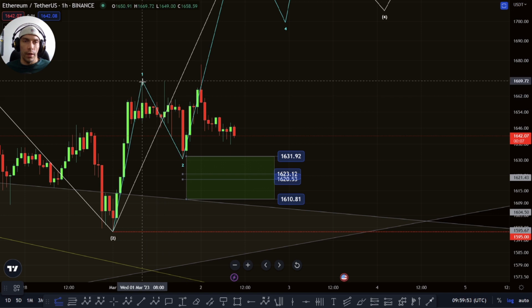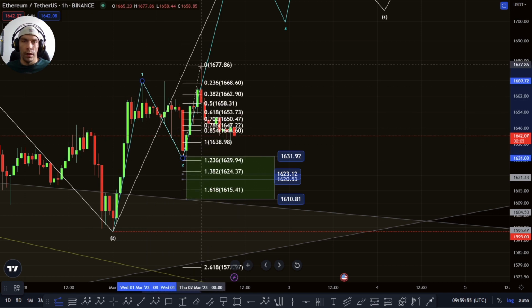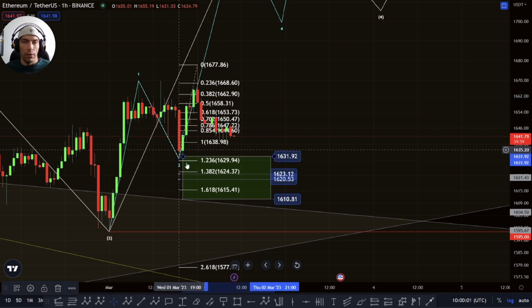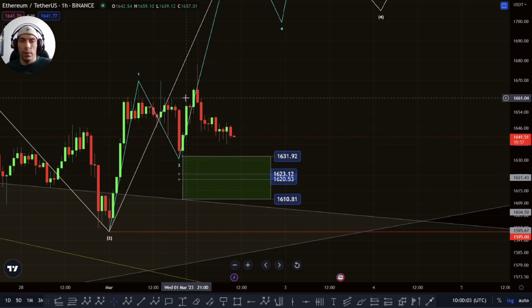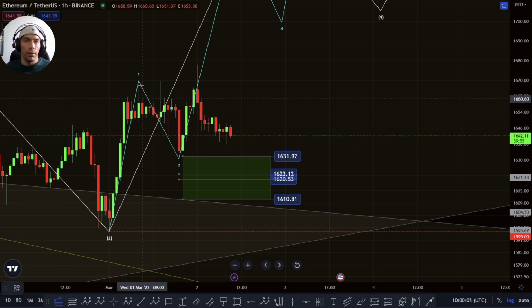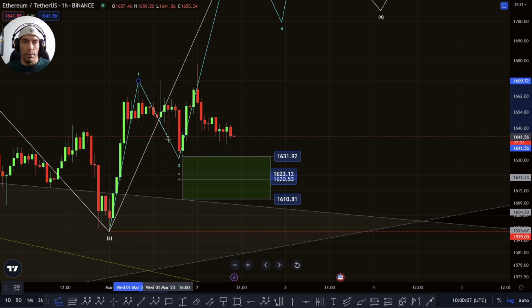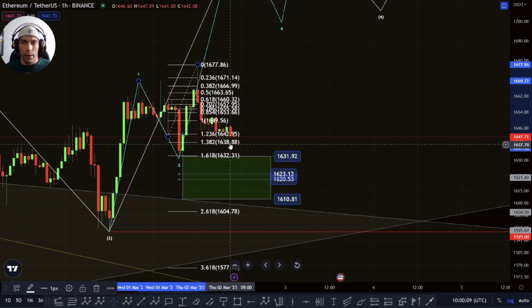So if that's the case, what I'd be looking for potentially would be something like this, where we come back down here towards, actually, that would not be the zone. Let me try that again. So we'd have to look at this if we're going to talk about it as a flat, potentially coming back down to this 1618, which would be a retest of this 50%.